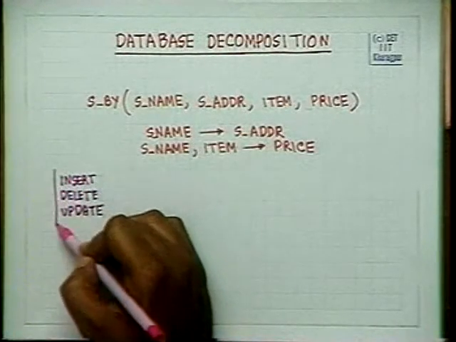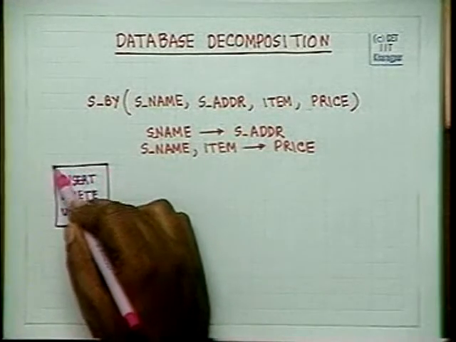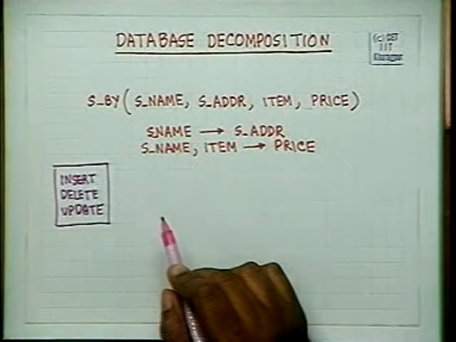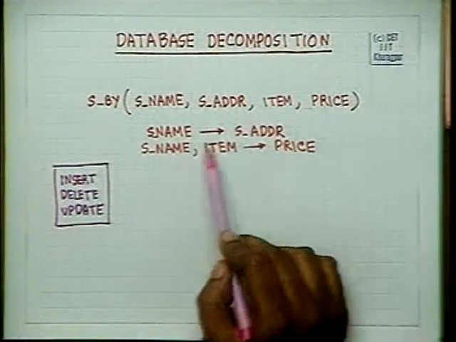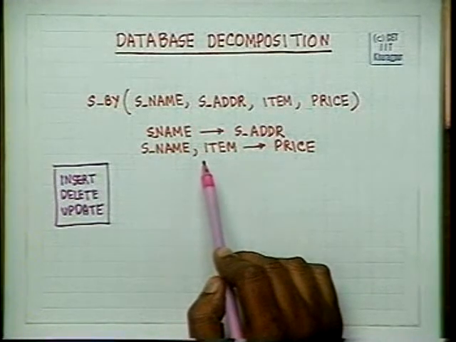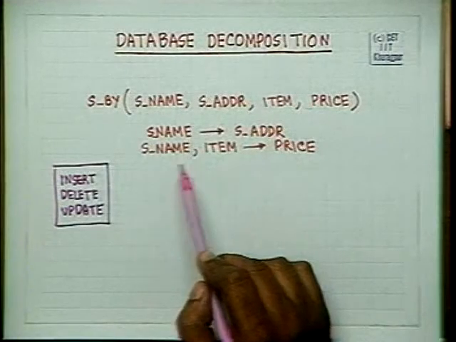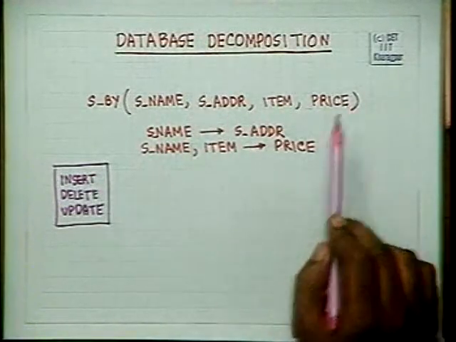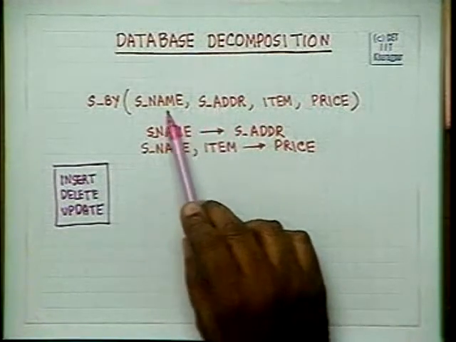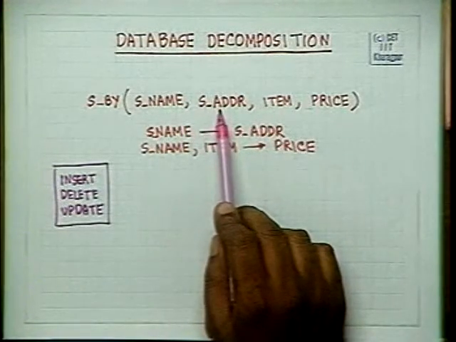and update problems. These are the three problems which will crop up, and if not handled carefully, they may lead to corruption of the database. And in order to maintain these functional dependencies, a lot of checks will have to be made. For example, whenever you insert an item here, this functional dependency will have to be checked.